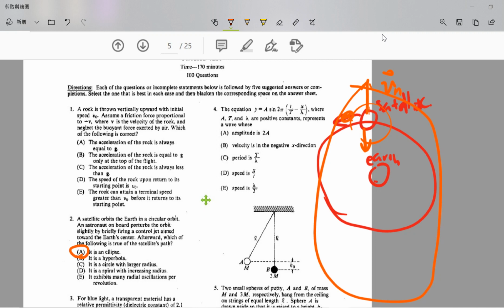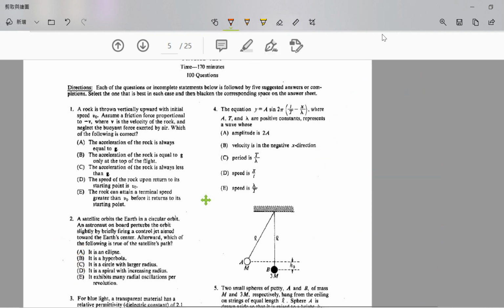So the answer is A. Since you are at the original circular orbit, if we do some small perturbation, it will change into an elliptical orbit, not a hyperbola. You only have three types: one is ellipse, one is hyperbola, and one is circle. There's no way that you still form a circle, because you already had a circle and you just perturbed the velocity. So the answer is A.